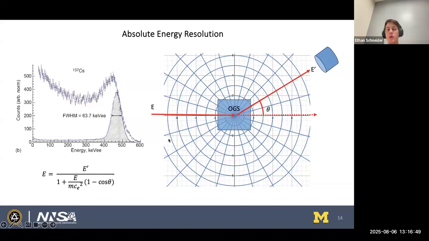And this is done in coincidence with two detectors. The way this measurement would work is that we have some kind of source on the left here. It's producing gammas in all different directions isotropically. And we have our detector of interest, for instance, this is an organic glass detector.